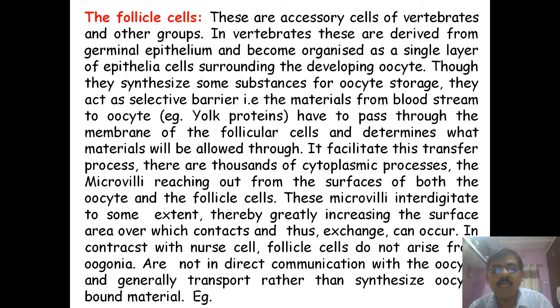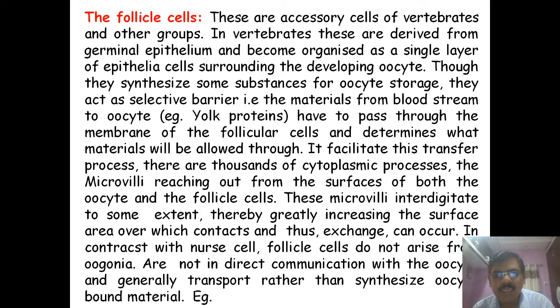Then the next cells, the follicular cells. These are present in vertebrates and other groups. In vertebrates, these cells are derived from the germinal epithelium and become organized as a single layer of epithelial cells around the developing oocyte, as in the human ovum.